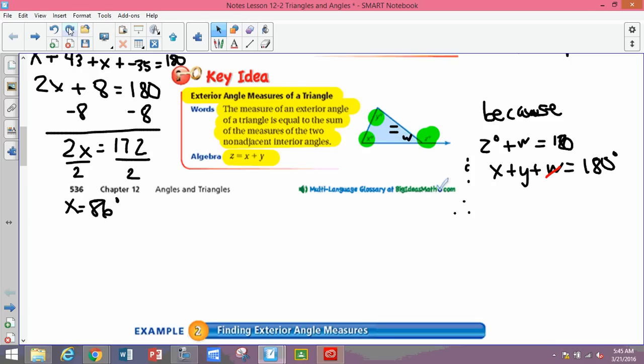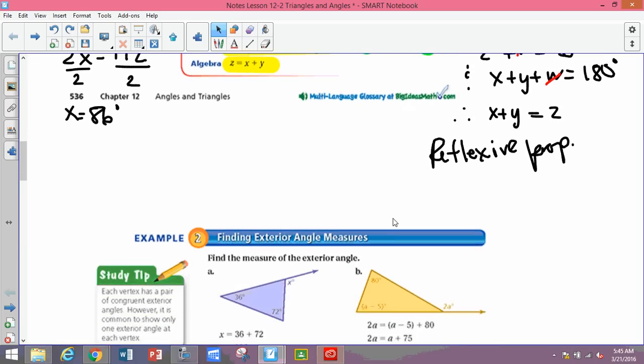So if you eliminate those w's, because they have that in common, you're left with x plus y equaling z. That's the reflexive property. The reflexive property says that if I have z plus w equals 180 and x plus y plus w equals 180, the w's are in common, therefore z equals x plus y. That would be your reflexive property.